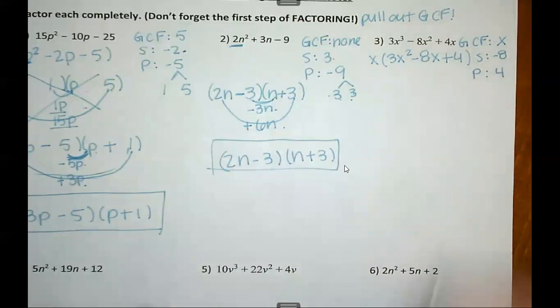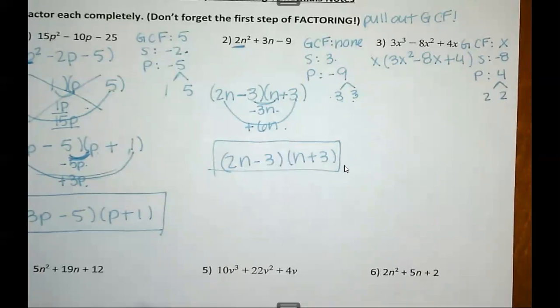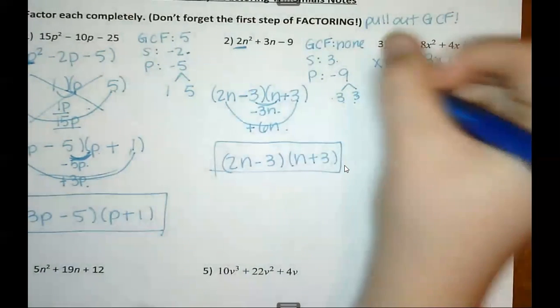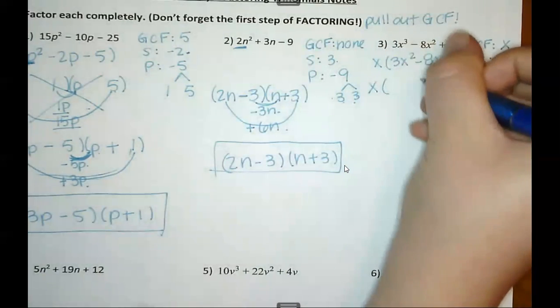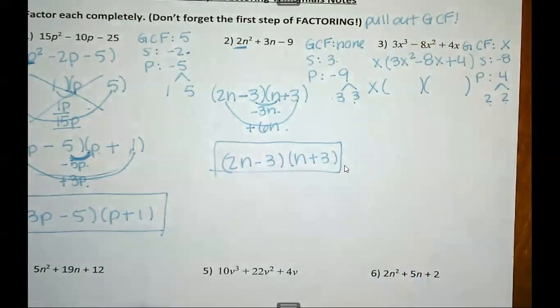So we do know that 2 times 2 gives us 4, but 2 plus 2 does not give us 8. So we have to plug it in and check the inner and outer and make sure we put them in the right spot. So we pull down our x and make our 2 sets of parentheses.